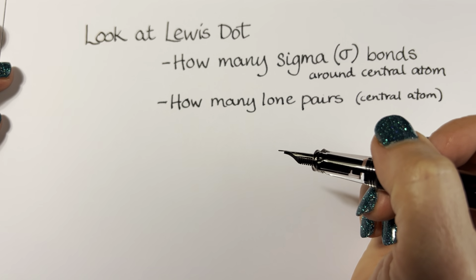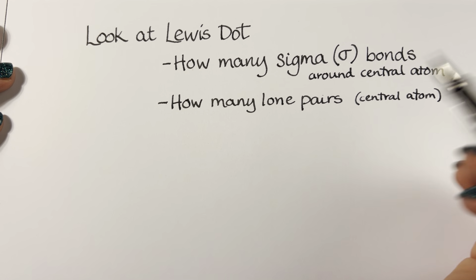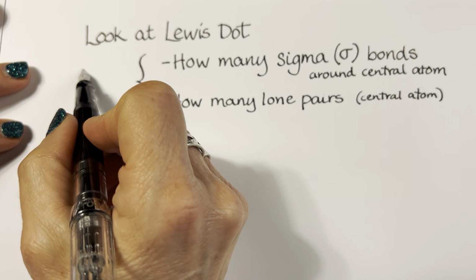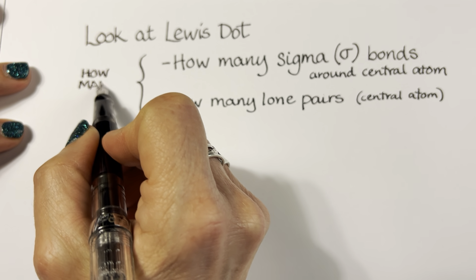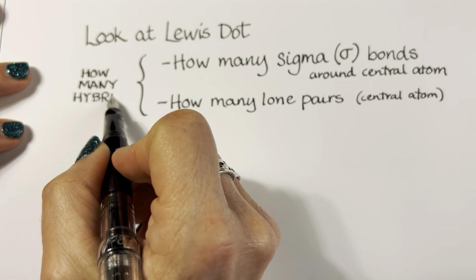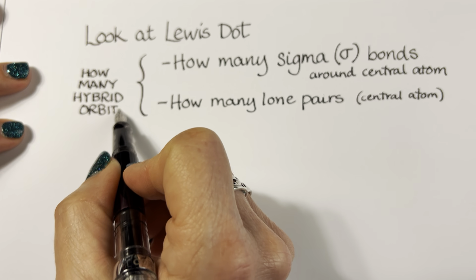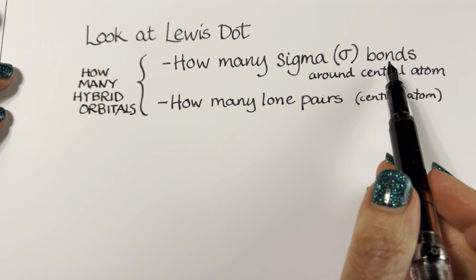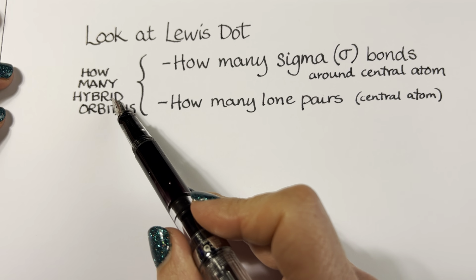Okay? And then, from knowing the answer to these two, this tells you how many hybrid orbitals you need. So, if you have 4 sigma bonds and no lone pairs, then you need 4 hybrid orbitals.